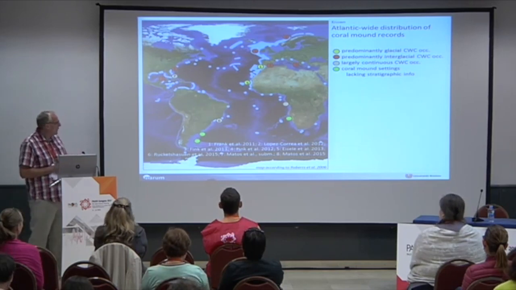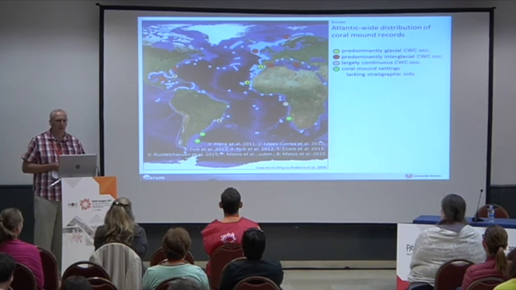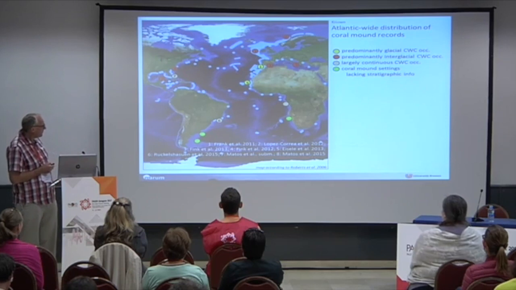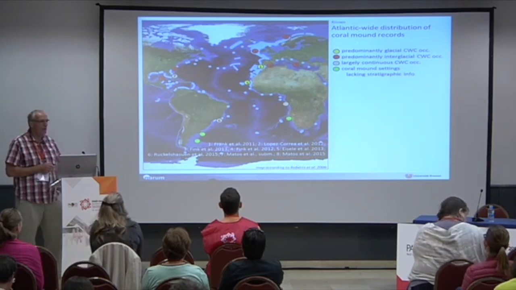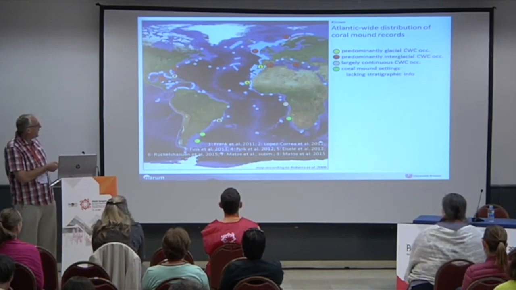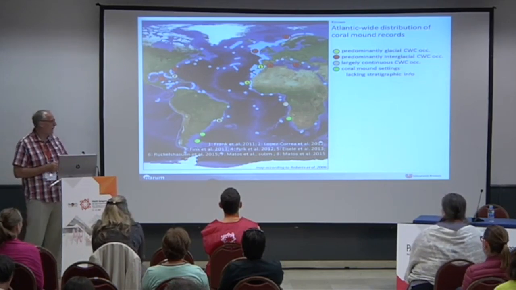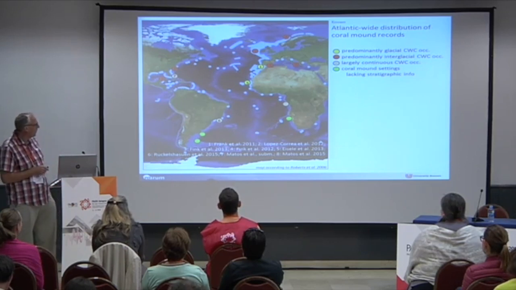And then the larger dots show where we have these coral mounds and where we get these paleo records from these sites. And there are some marked in yellow here where we have predominant glacial occurrence of the cold water corals, and the red ones where we have a predominant interglacial occurrence of the corals.